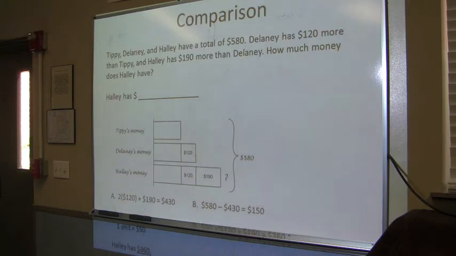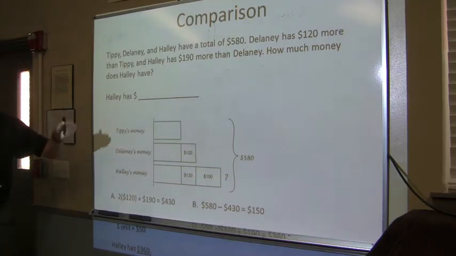All right, does everybody see this then? So now we're identifying the variables. Tippy's money, Delaney's money, Haley's money. Here's the who and the what's. So this is a good example of the variables representing who's and what's. Here's a good example where the unit bars are all the same. You start out with the unit bar. This is a composite of many steps being done.